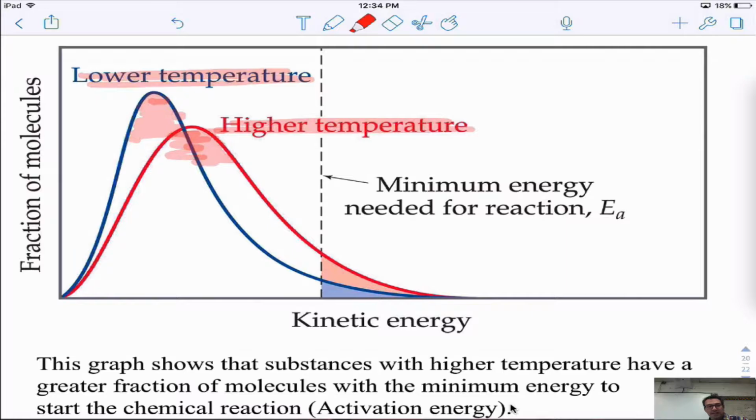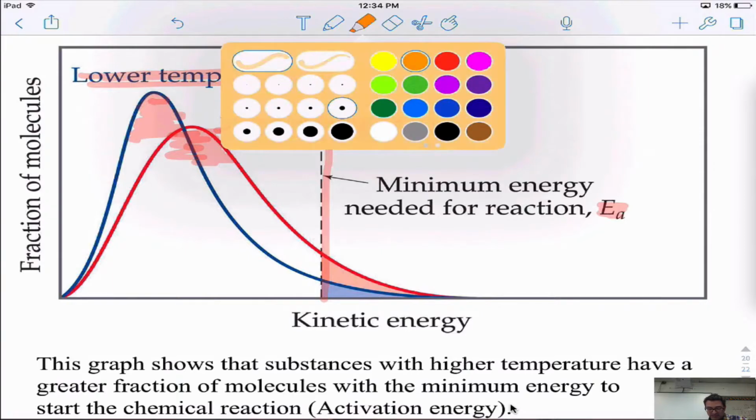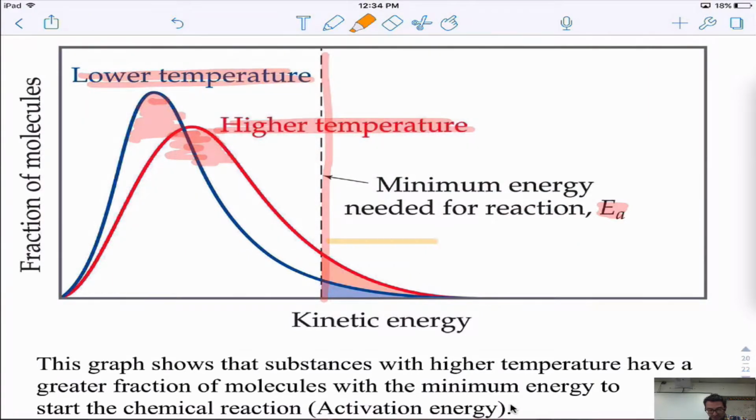Look, in both cases, the majority of the particles don't have enough energy to react. What they've done on this graph that's different is they've set a dotted line here that represents the activation energy, the minimum energy to cause a reaction to occur. Even though at low or high temperature most of the particles would fail to react, there are some particles, in both cases, that are above the activation energy.